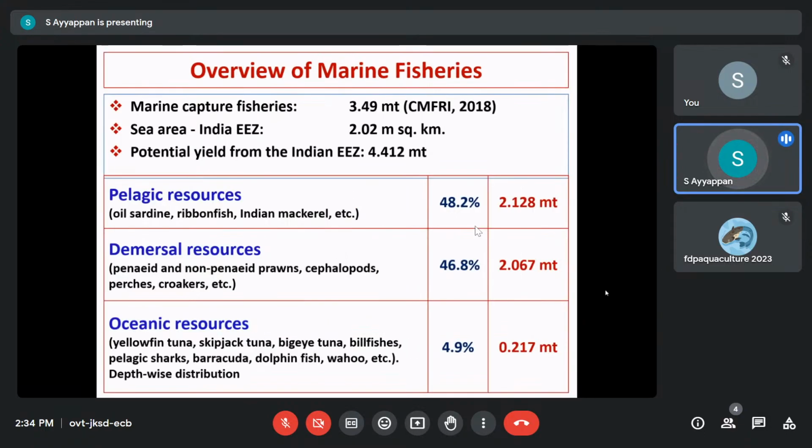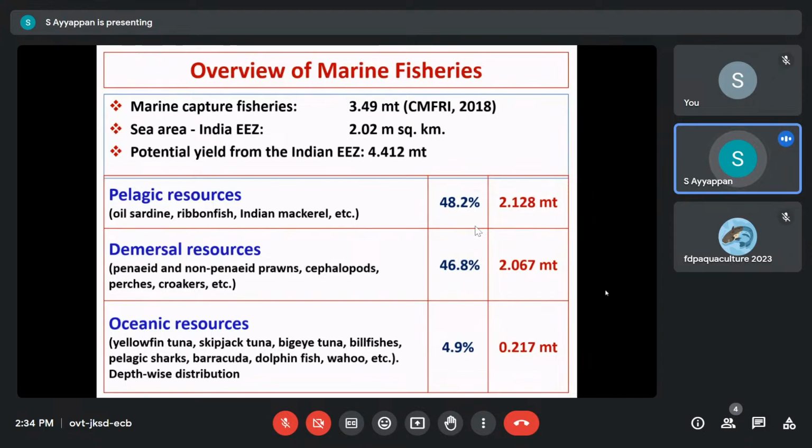Now marine fisheries, of course, are not included in this workshop's mandate, but a quick look at marine capture, which is mostly ongoing at more than 3.56 million tons. What we have calculated is that it will not be more than about 4 million tons, 40 lakh tons. So whatever we do from the seas, we cannot get more than 4-5 million tons.